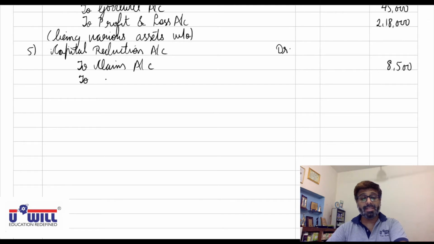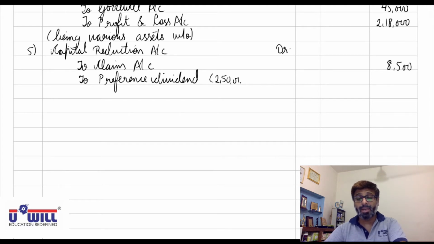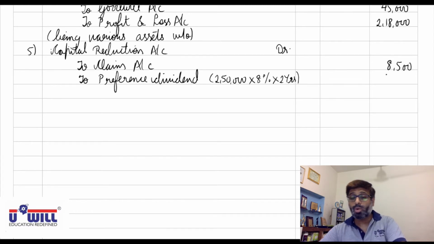To preference dividend account. Again, in preference dividend, whatever amount is paid is only to be recorded. Whatever is sacrificed, for that there is no entry. So 2,50,000 of preference share capital into 8% of dividend into 2 years. That comes to 40,000. So total liability we have to provide is 48,500 by utilizing capital reduction.